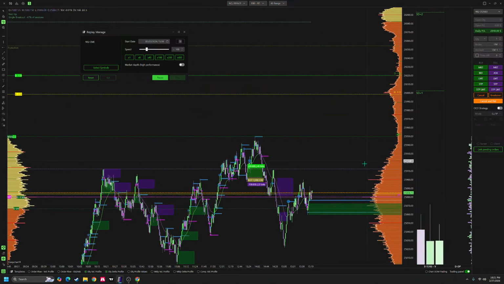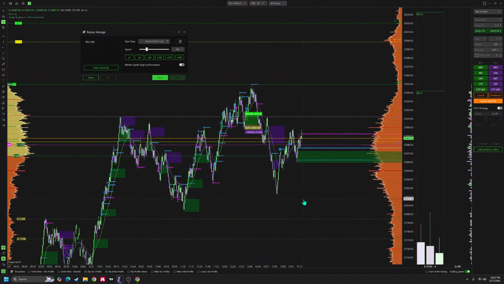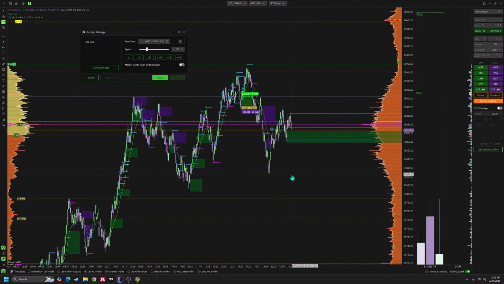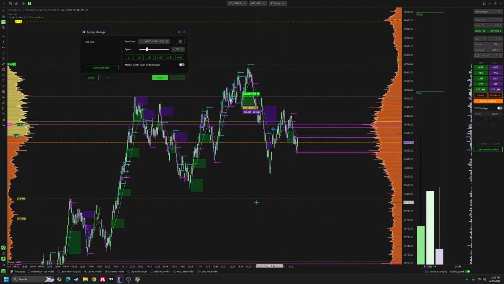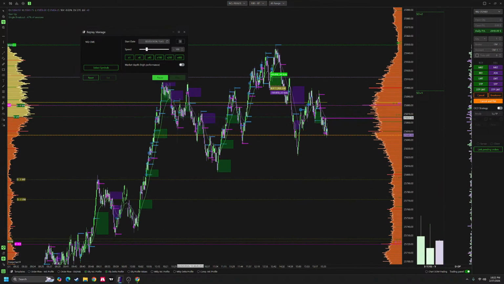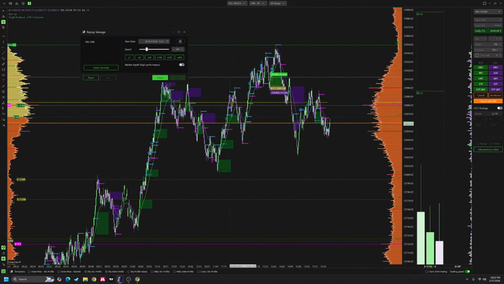It looks like the day ends at the point of control. I still had some trades there, but these zones plotted pretty well. Back up.